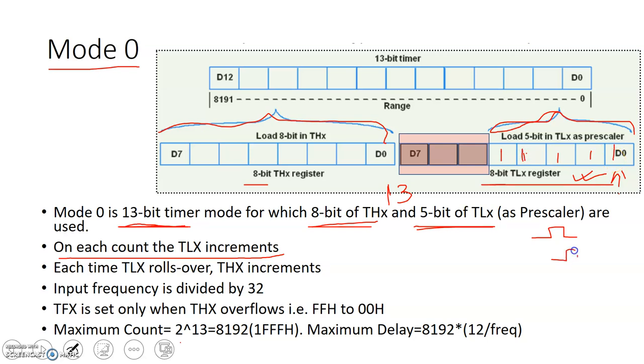When another pulse comes, this increments the higher byte, TH0 or TH1, and this is reset to 0 again. Then the next pulse comes and it becomes 1 here, then another pulse, and then 1 0 1 1, and so on. And when this is again completely filled with 1 1 1 1 1, another pulse will come and make it 1 0. I hope you understand how it works.